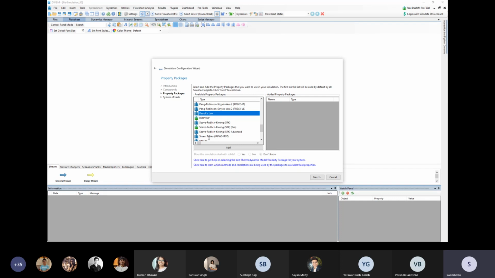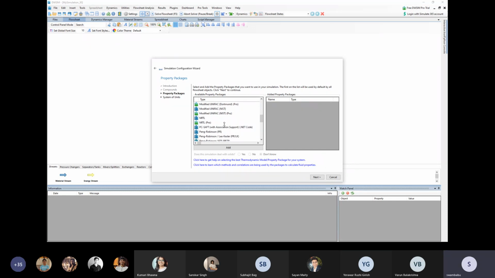If we are dealing with only steam, we can use the steam tables. Now, if we have liquids with more non-ideal behavior, we prefer UNIFAC, specifically UNIFAC liquid, and we can use this property package.